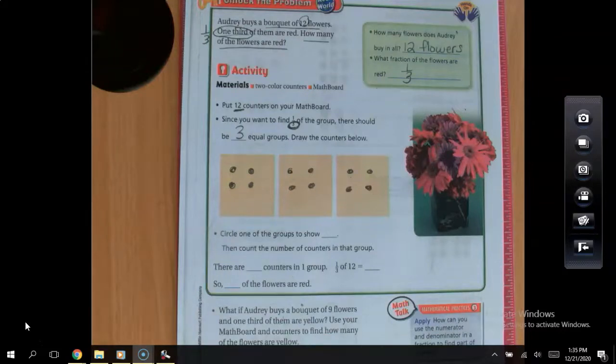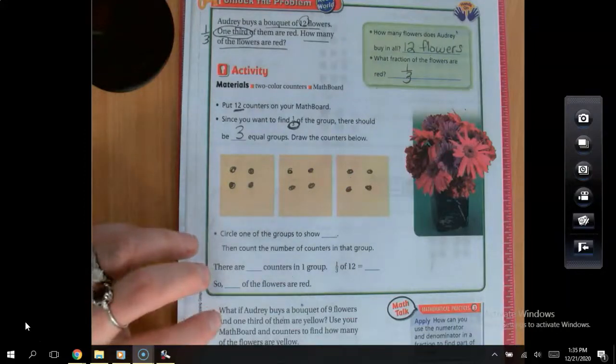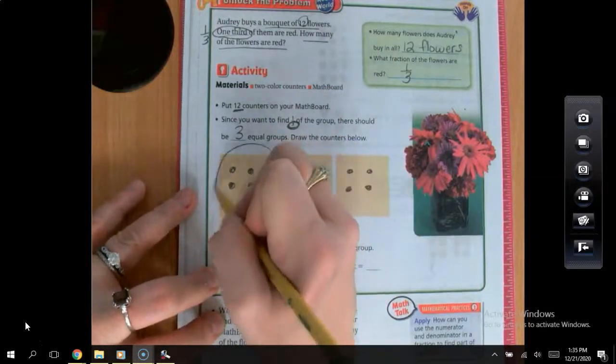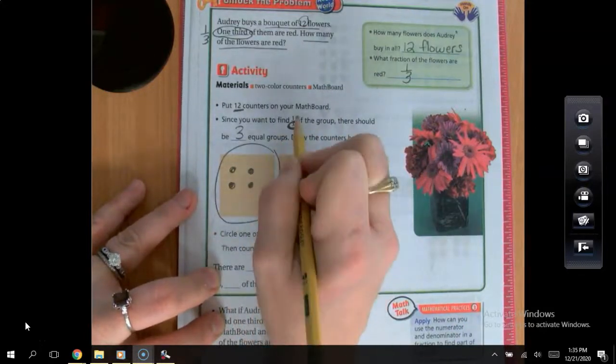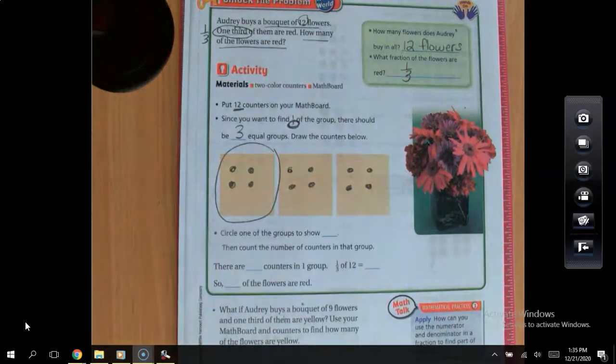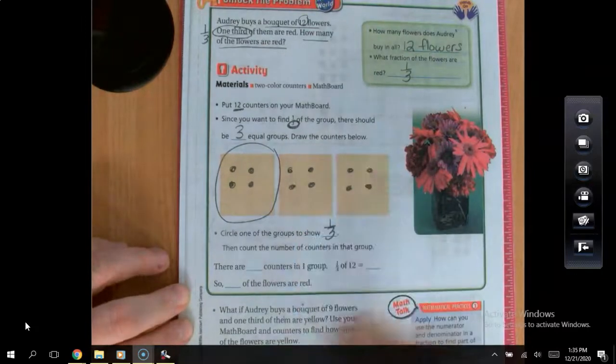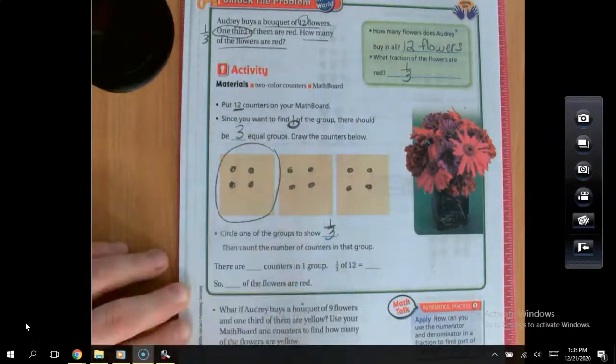I know that my red flowers is 1/3 of the equal groups. So I'm going to circle one of the groups to show 1/3.